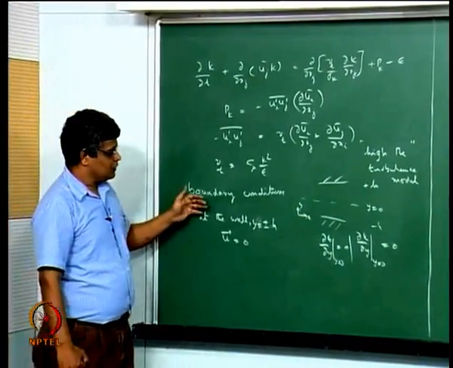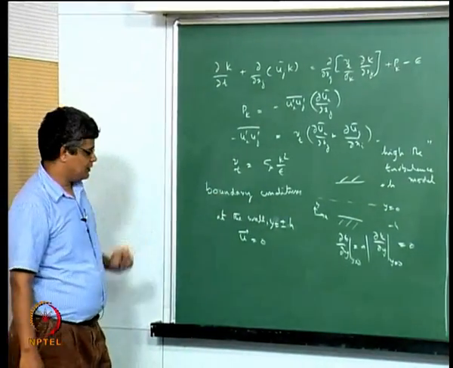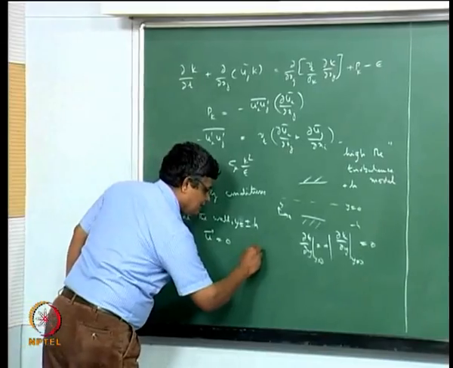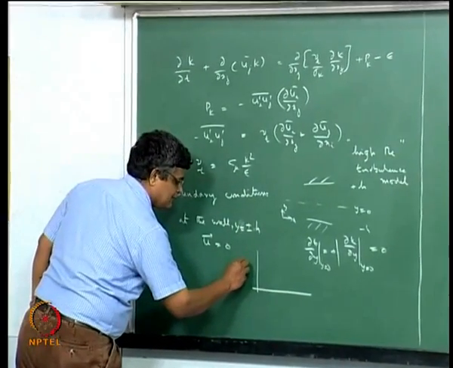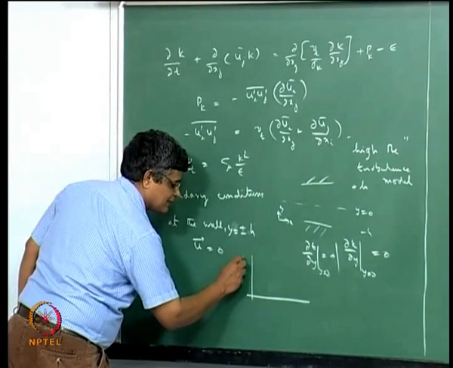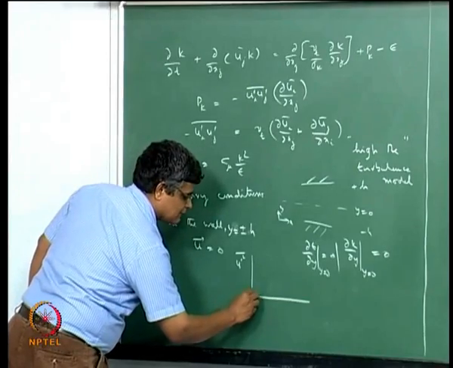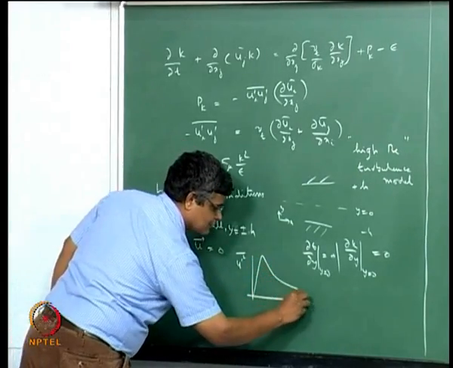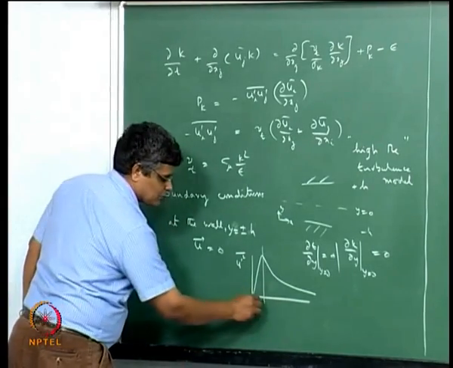And also very close to the wall we have the special feature that turbulence is damped. We have seen typical plots of, for example, u RMS, that is u prime square bar. It would actually go something like this, and then it would come out like this, and this maximum is very close to the wall.